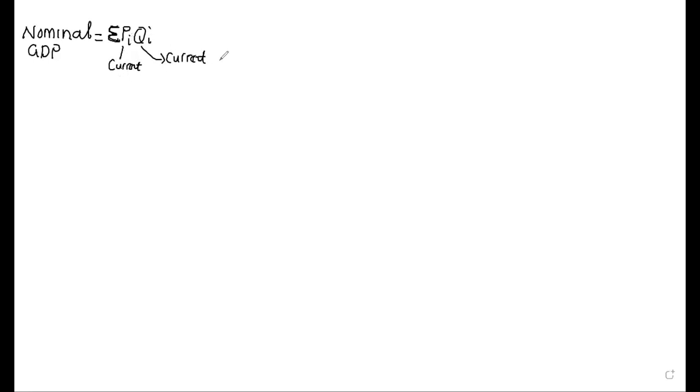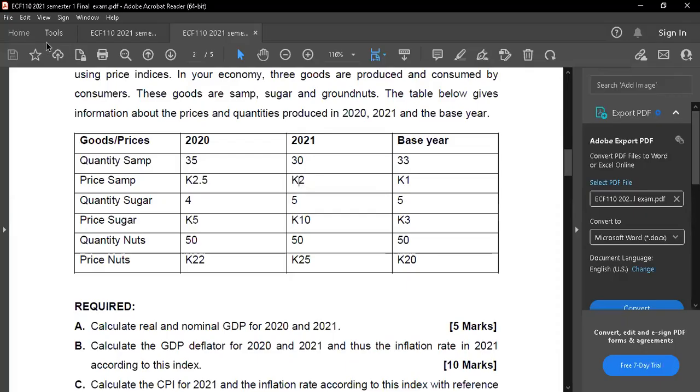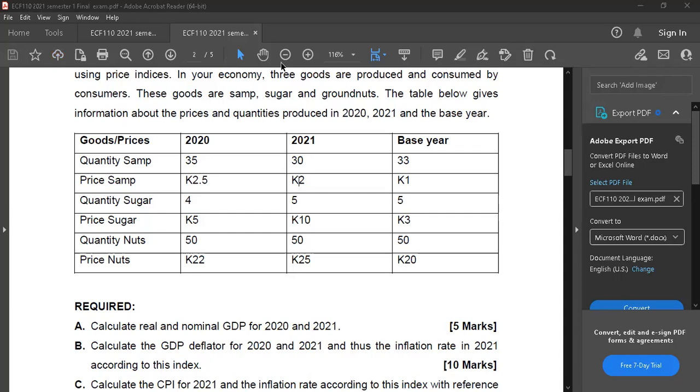So for example, if you go back here, what is our quantity? Take nominal GDP for 2020. We just focus on 2020 and get everything for the current year.